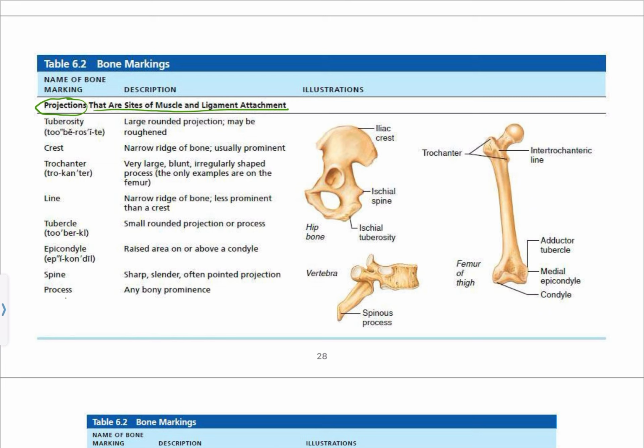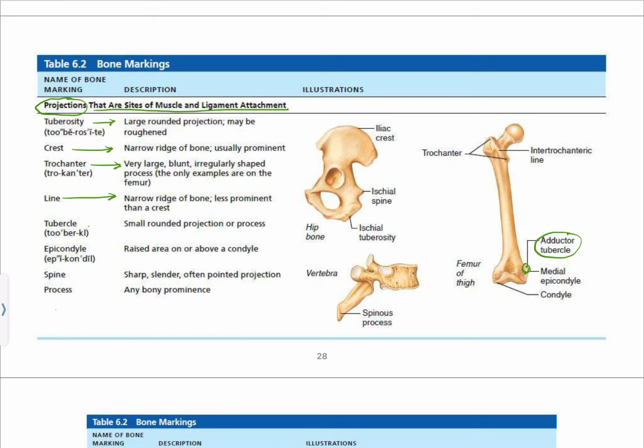You should recognize that all of these are forms of projections, which means that all of these are sites of muscle and ligament attachment. Additionally, you need to know what their description is. Again, this is just a general description for each one of these bone markings. This is going to help you in lab, because in lab, you have to identify the specific name of each bone marking. So for example, not only do you need to know that this is a tubercle, but specifically this is your adductor tubercle.